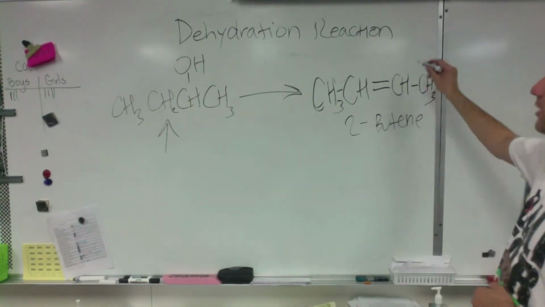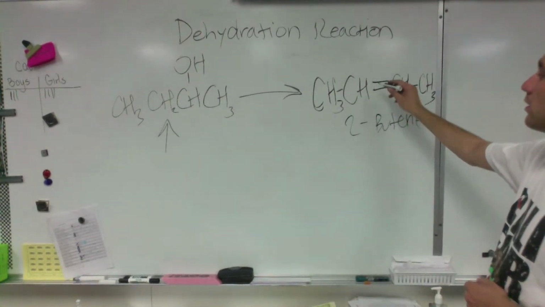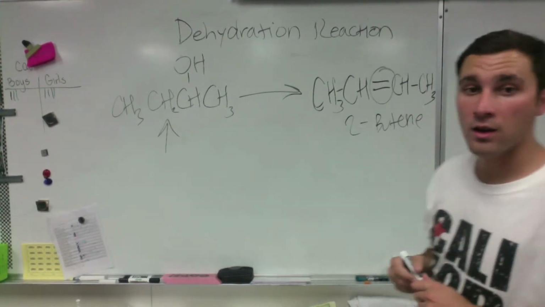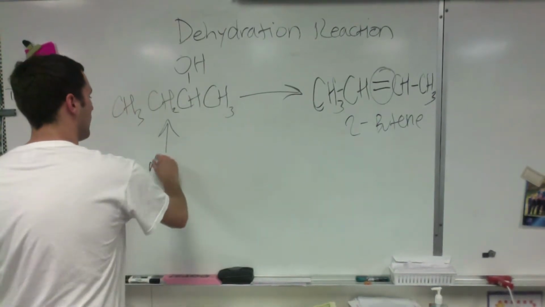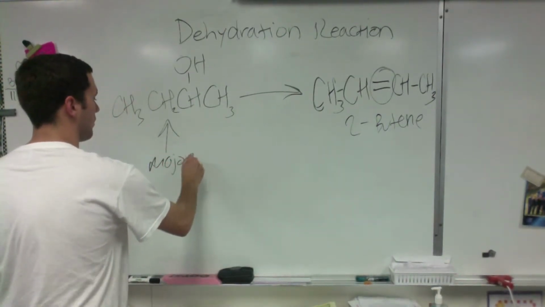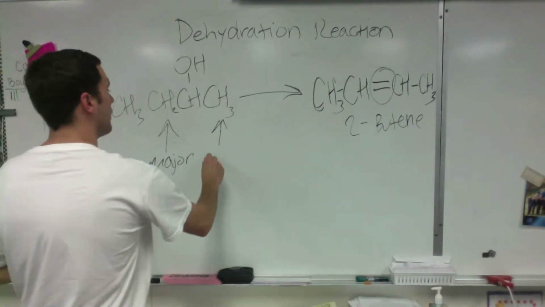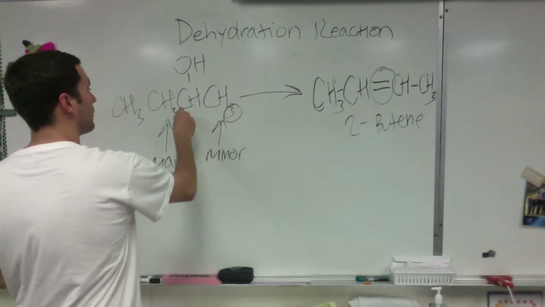As you can see, the CH connected to the OH and the CH adjacent to it lost an H and formed a double bond. Now, the second product is the minor product. And the minor product, so as you can see, the one on the left is the major product, and the minor product is the one on the right because it has 3 carbons versus 2.